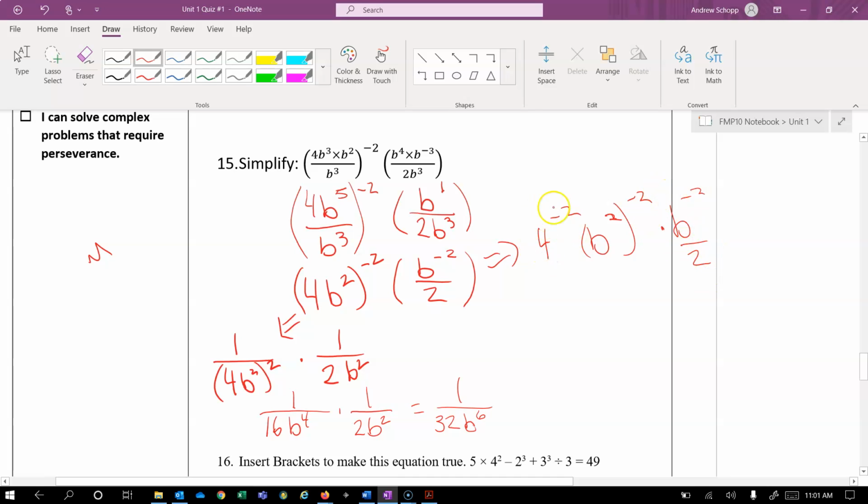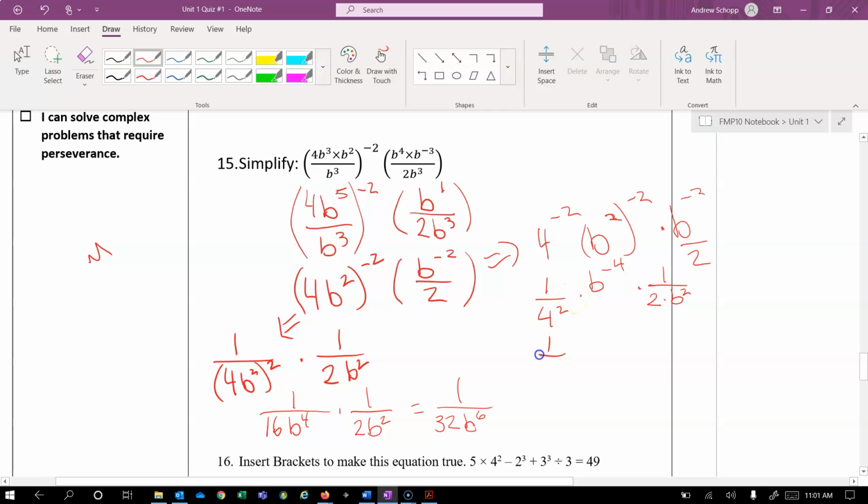And then we'd rewrite this: 4 to the power of negative 2 would be 1 over 4 squared. And here we would have b to the power of negative 4. And here we could move the b to the power of negative 2 down, or, yeah, we would have to move that down into the denominator. So we get 1 over 2 times b squared.